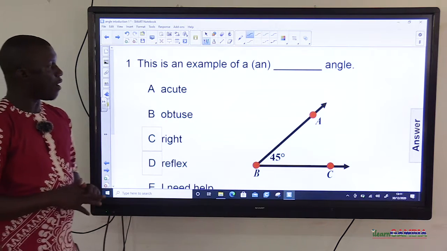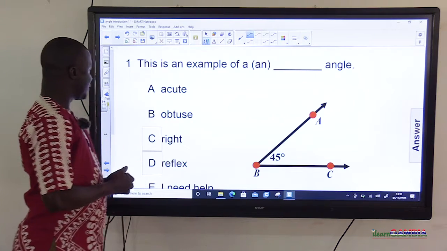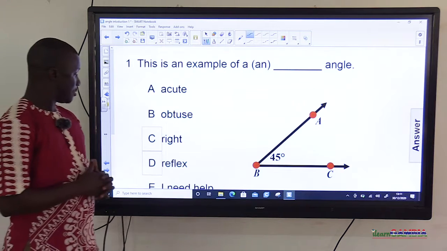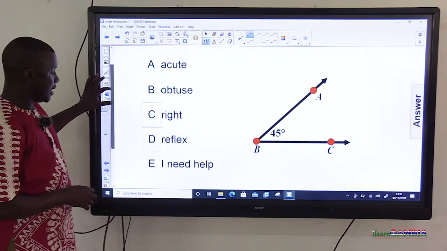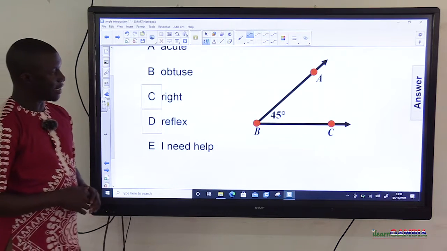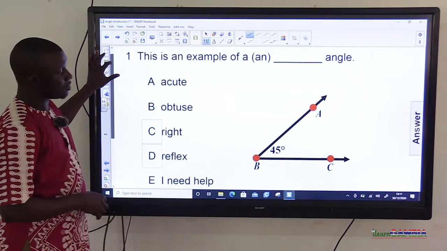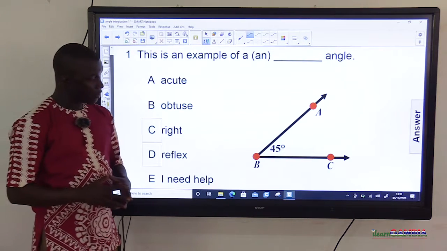This is an example of what? A says an acute angle, B says an obtuse angle, C right angle, D reflex angle, and E I need help. There are 5 options, and the diagram here is a 45 degrees angle.